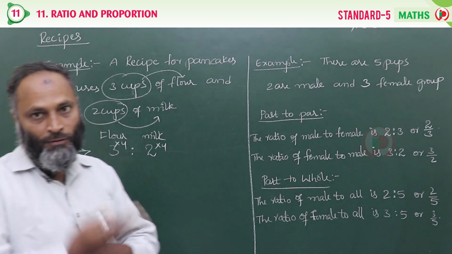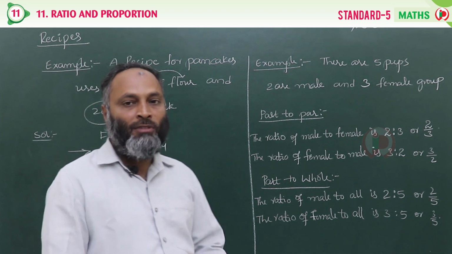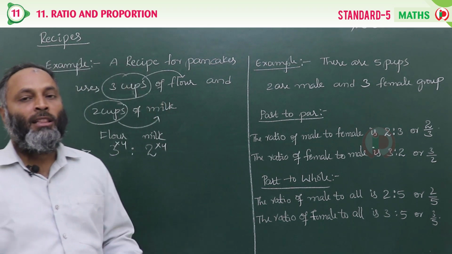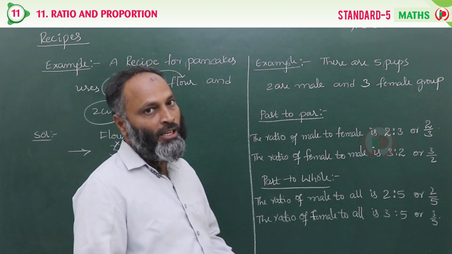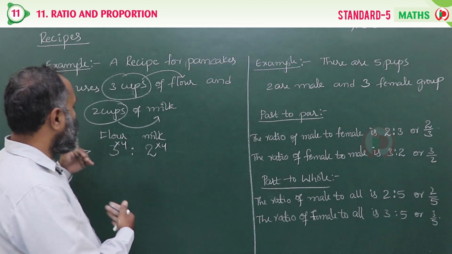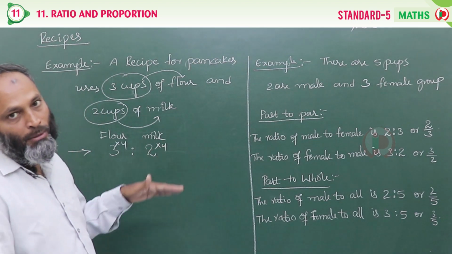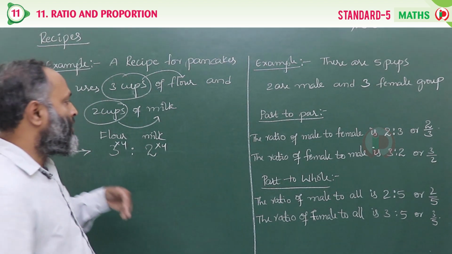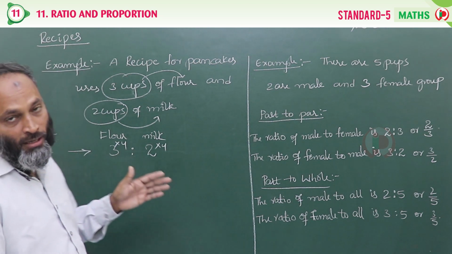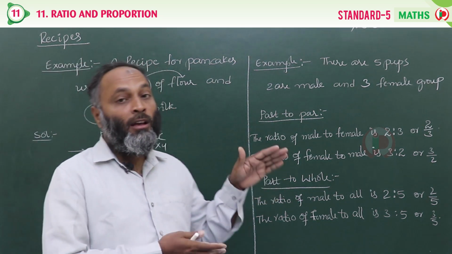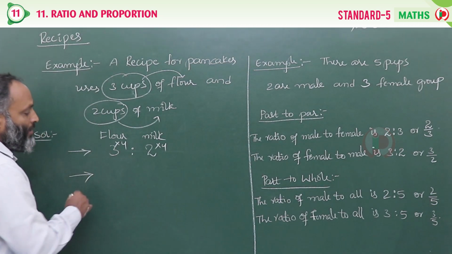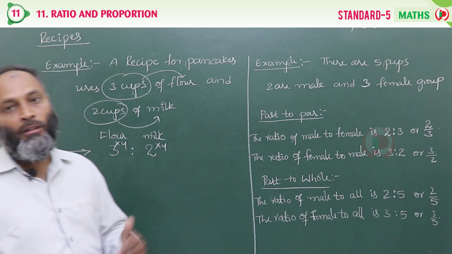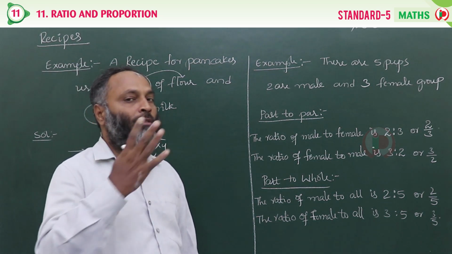Because we are increasing 4 times. Why are we increasing 4 times? Because the number of members increases 4 times. That means the quantity of flour and milk also we should increase by 4 times.